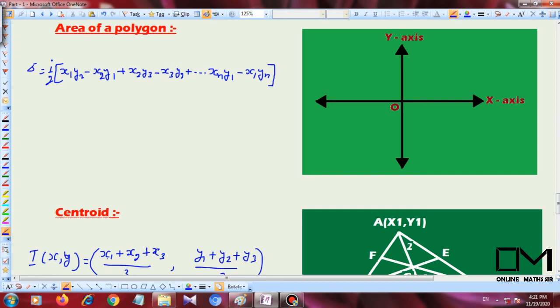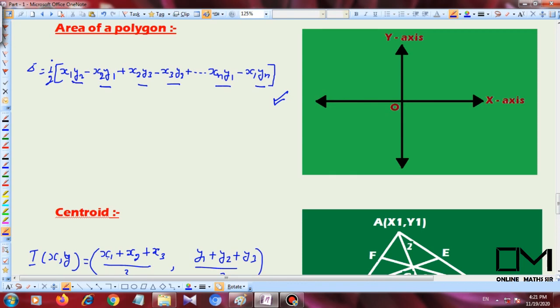Now fill the suffixes: 1 2, 2 1, 2 3, 3 2, and so on up to n 1, 1 n. Clear? So this is the order 1 2, 2 1, 2 3, 3 2. This is a pattern, so you can learn the area of a polygon.